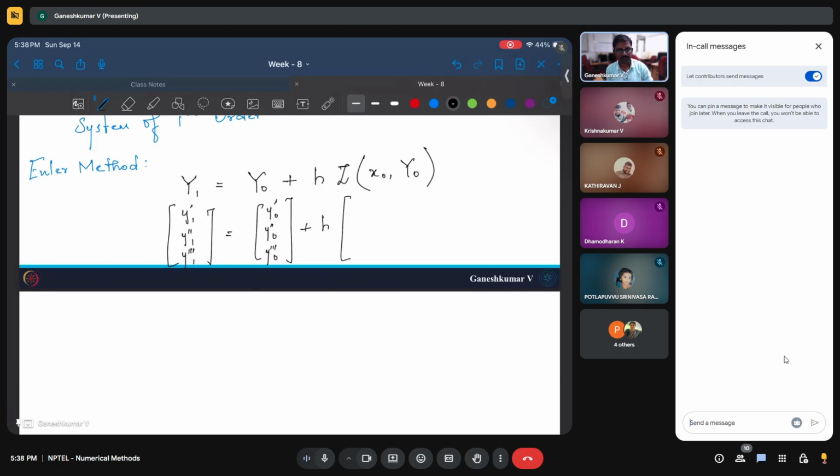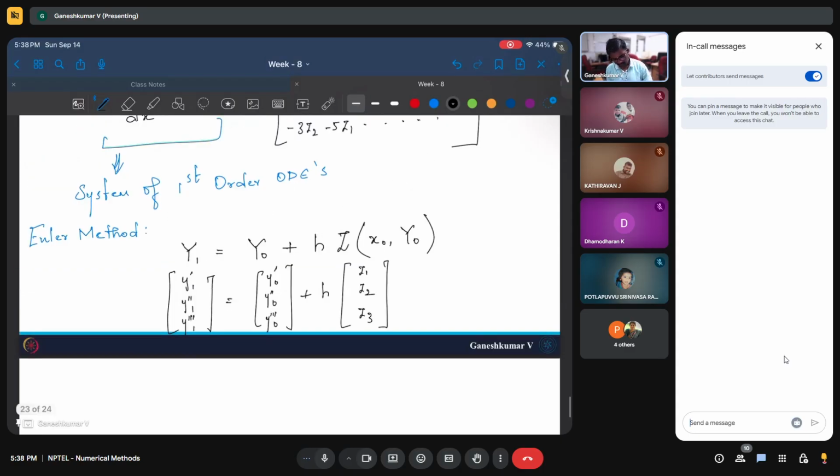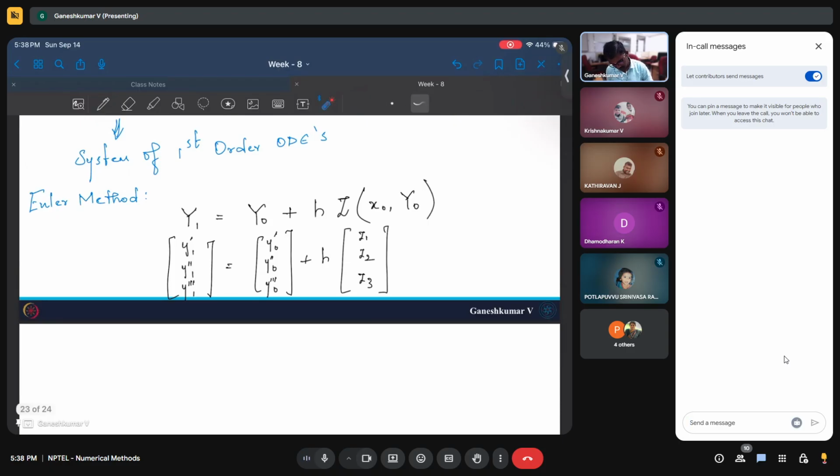We know z1, z2 is nothing but y dash and y double dash. So here, if you notice, we need to know y, y dash, y double dash at 1. Similarly, here also you have y naught, y naught dash, y naught double dash.